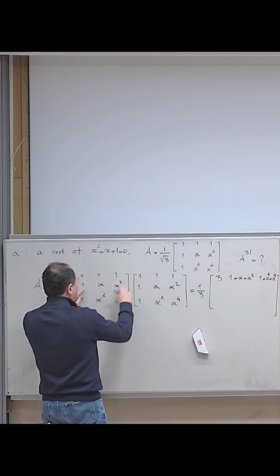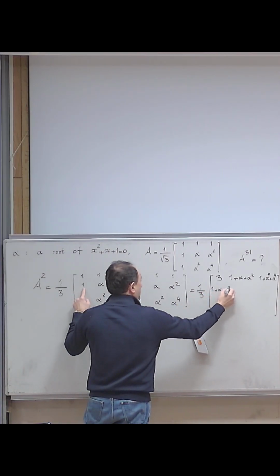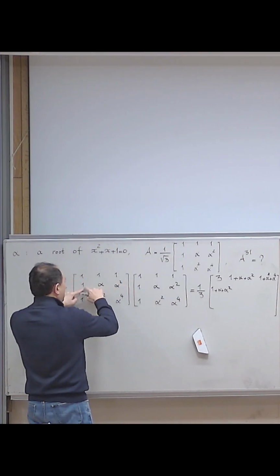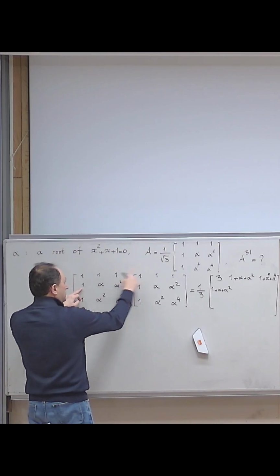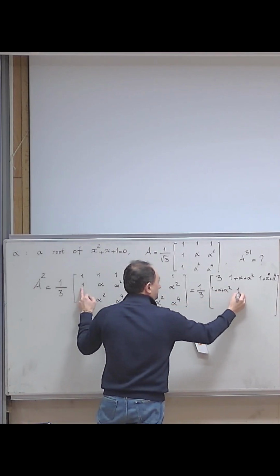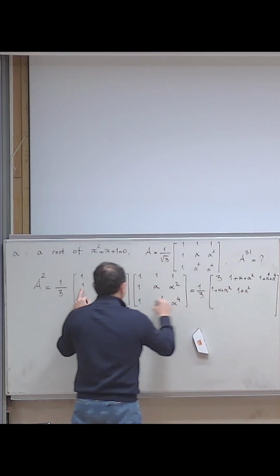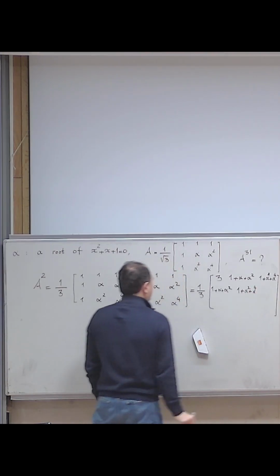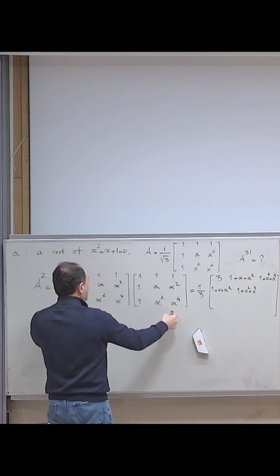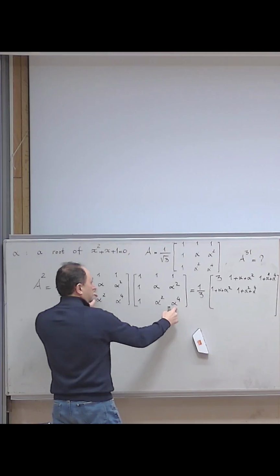If I multiply this by that, it becomes 1 plus alpha squared, because this 1 is multiplied here, alpha here, alpha squared here, and then I add them up. So 1 times 1 is again 1, alpha times alpha is alpha squared, and alpha squared times alpha squared is alpha to the power of 4. And when I multiply this here, this becomes 1 plus alpha cubed plus alpha to power 6.